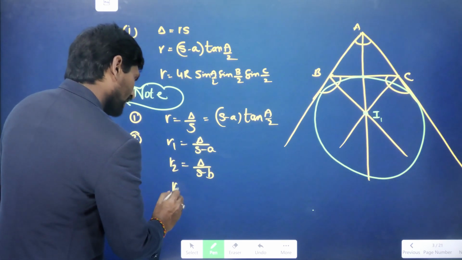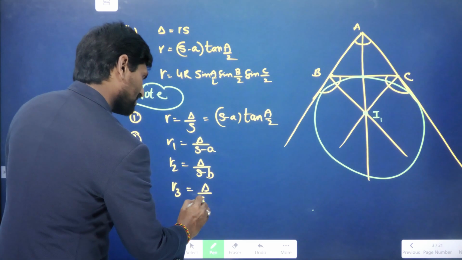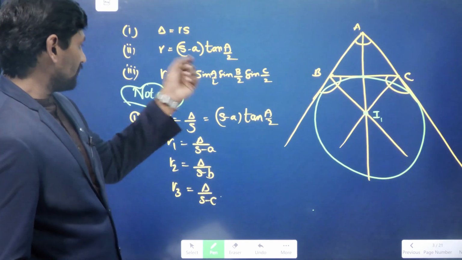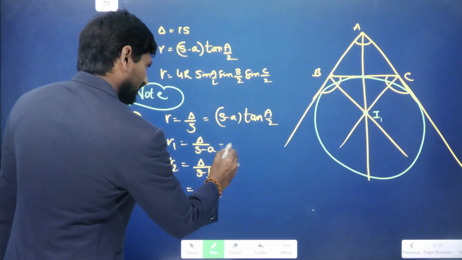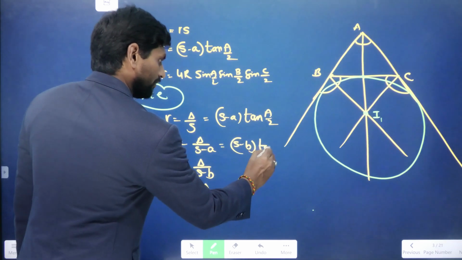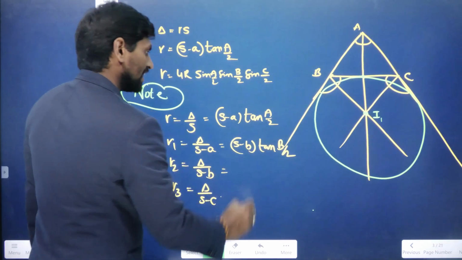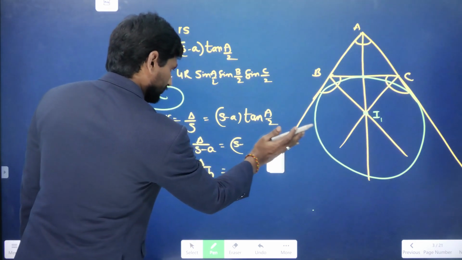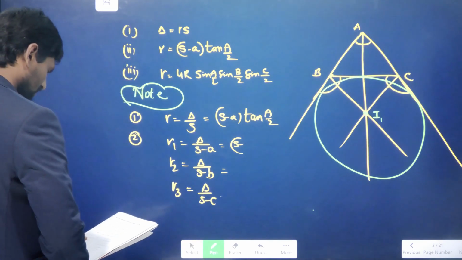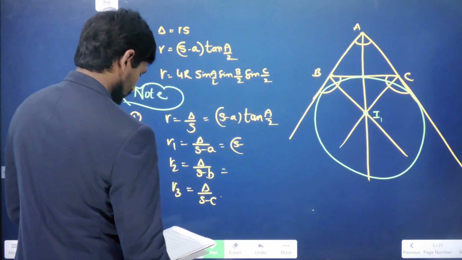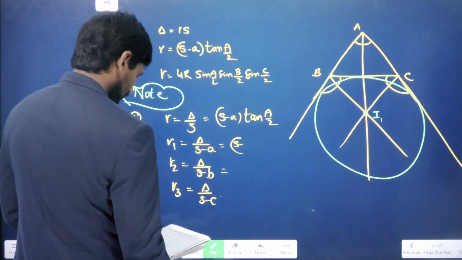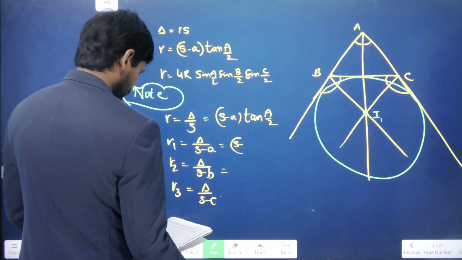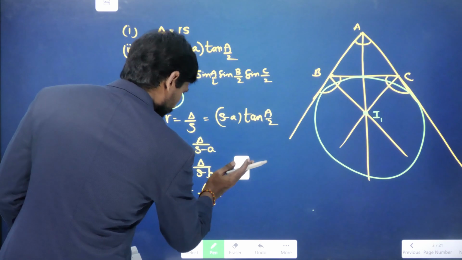In the same way, it will change: s minus b into tan B by 2, and s minus c into tan C by 2, sorry, s minus a into tan A by 2. Until this one is enough.